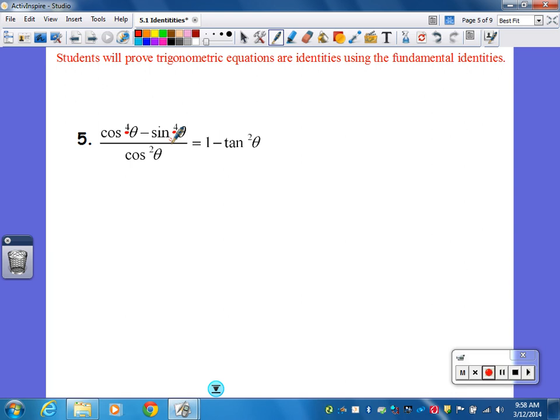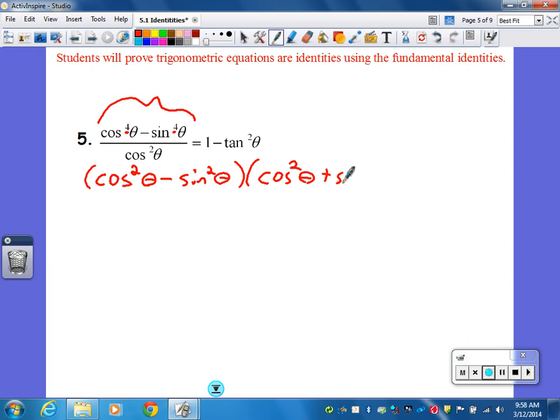Once again, we're working with the side with the most on it. Okay, so cosine, remember the difference of squares? Cosine squared theta minus sine squared theta times cosine squared theta plus sine squared theta.